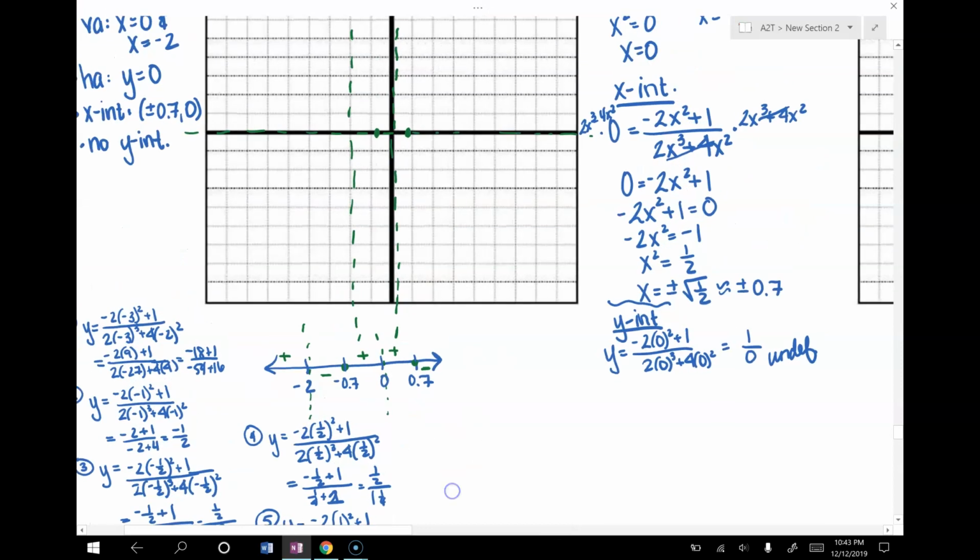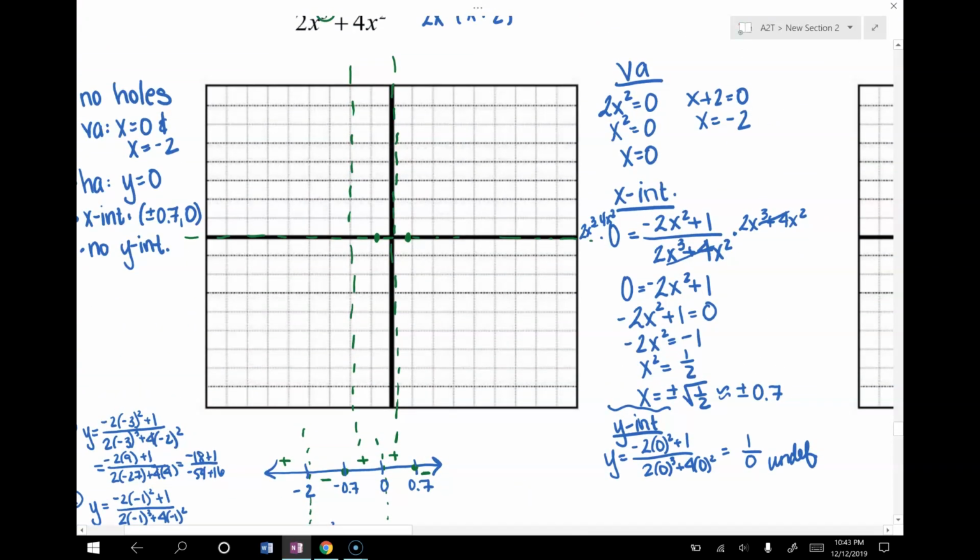Okay, here's why it matters. We found all of the different characteristics, and now we need to find what the graph's doing. To the left of our vertical asymptote, we're positive.